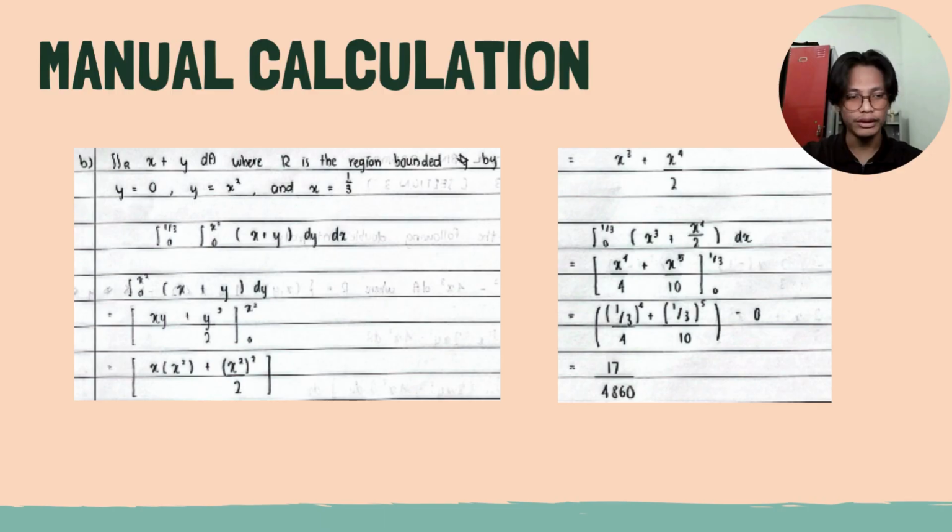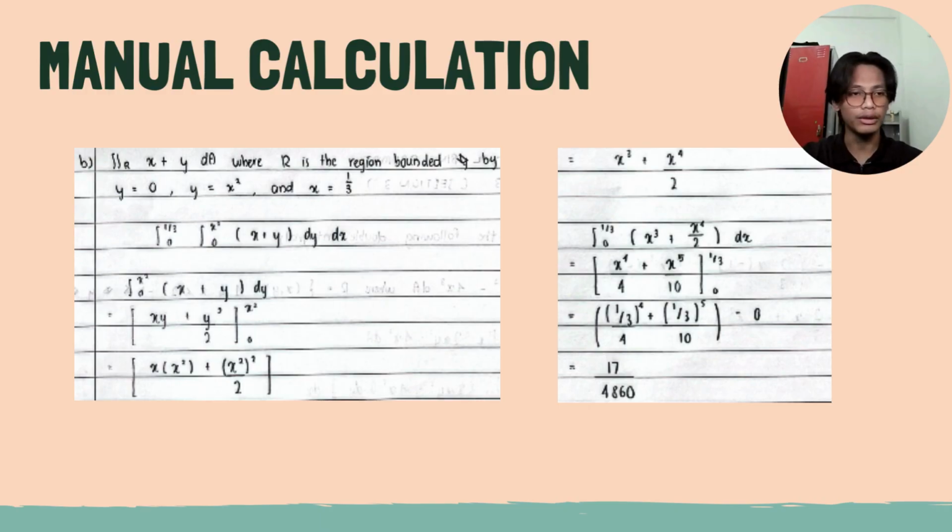So first, we integrate with respect to y, and after we get the integration, we substitute the upper limit and lower limit into the equation, where we get the answer, which is equal to x over 3 plus x to the power of 4 over 2.